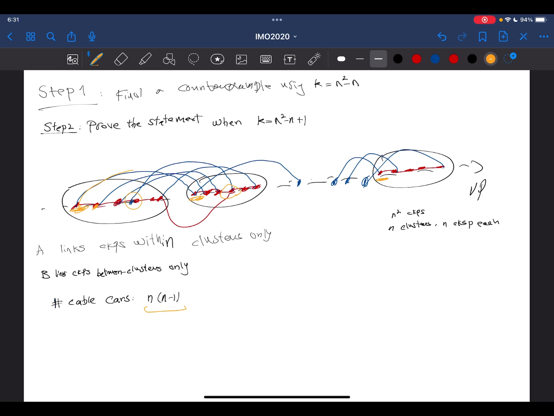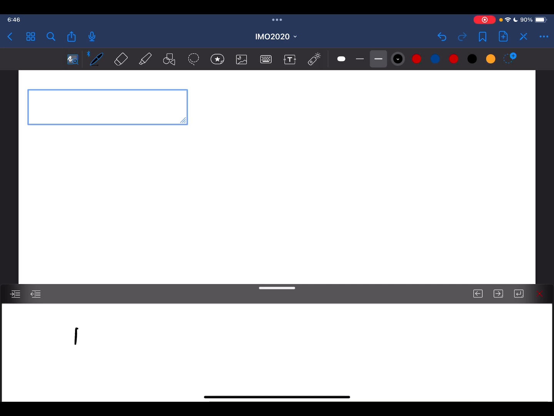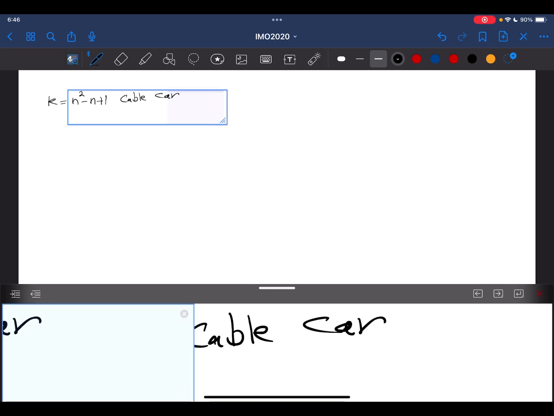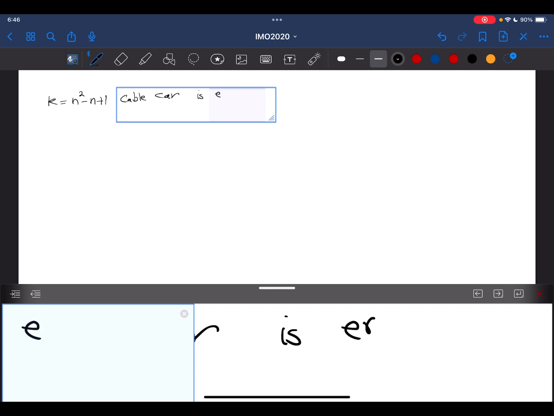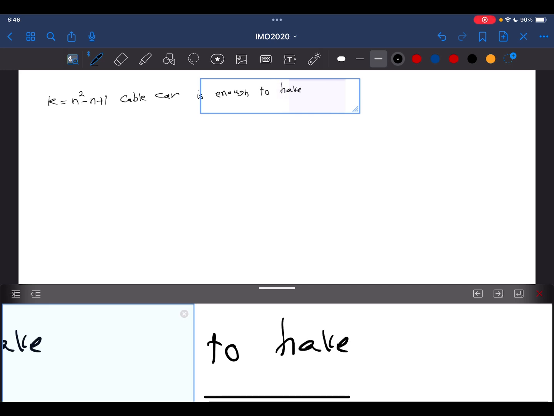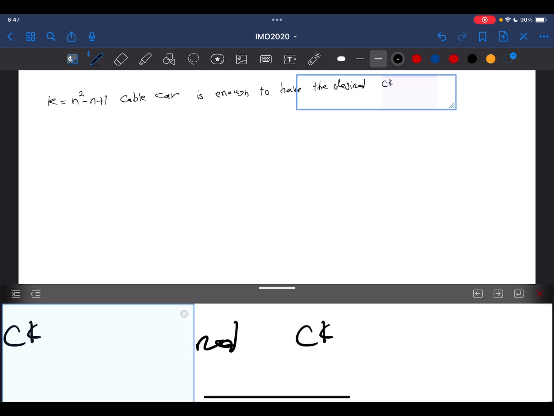Okay, now we want to show the second step, namely that k equal to n squared minus n plus 1 cable cars is enough to have the desired checkpoints pair, right?